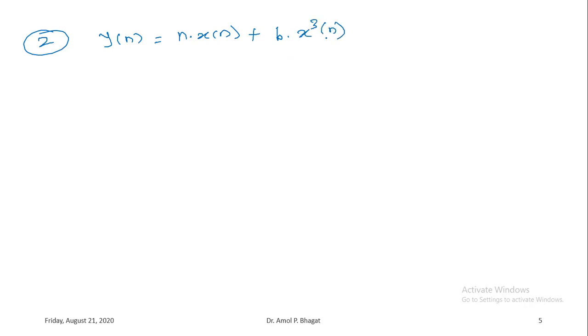Again, in this system, what is happening? The output y of n is obtained when you apply input x of n to the system.